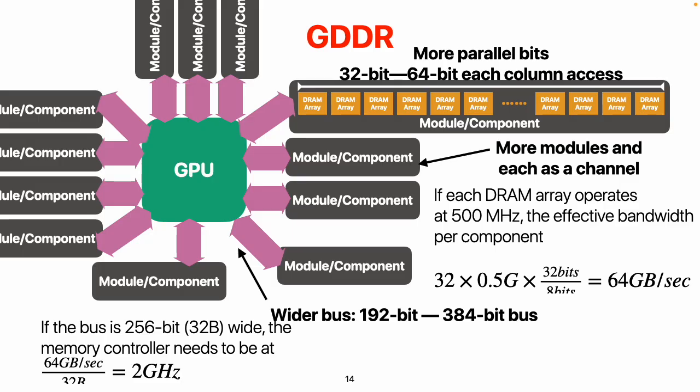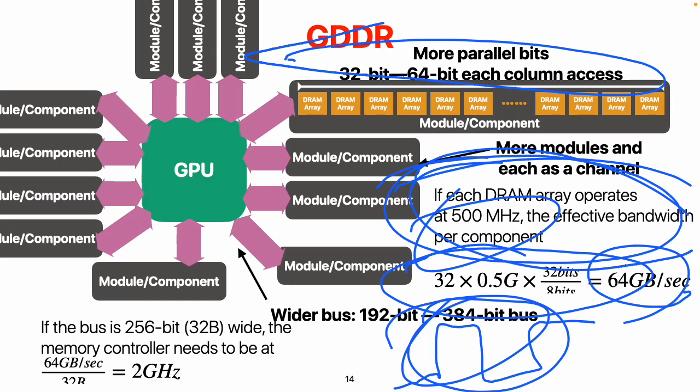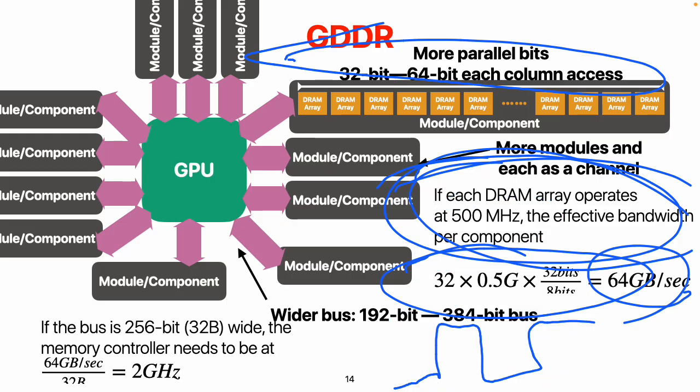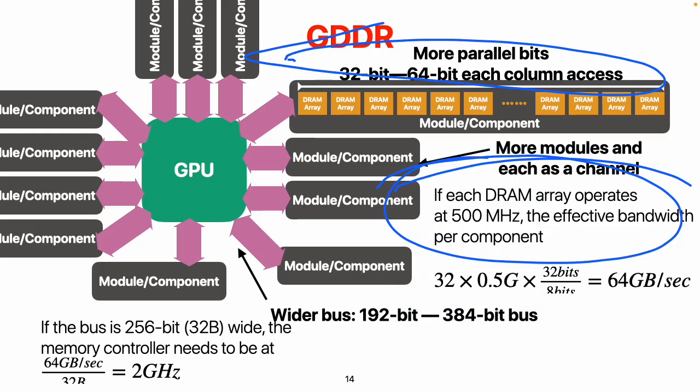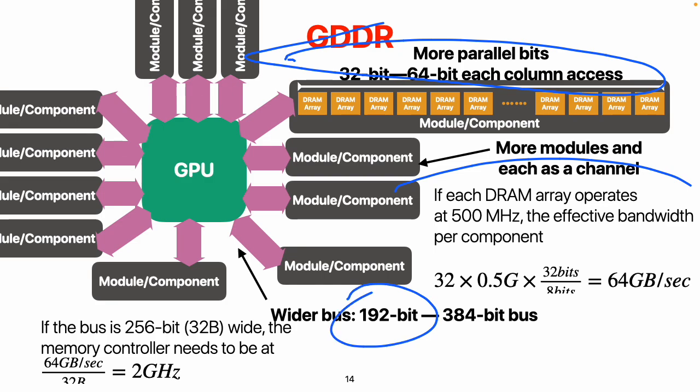But what that means is that I really need a super wide bus to send out data at the same time, right? For the low-end NVIDIA GPUs, they probably use like a 192-bit bus, and some of the high-end ones have 384, right? So at any cycle, I can send these 384 bits in parallel to all the channels that I have.